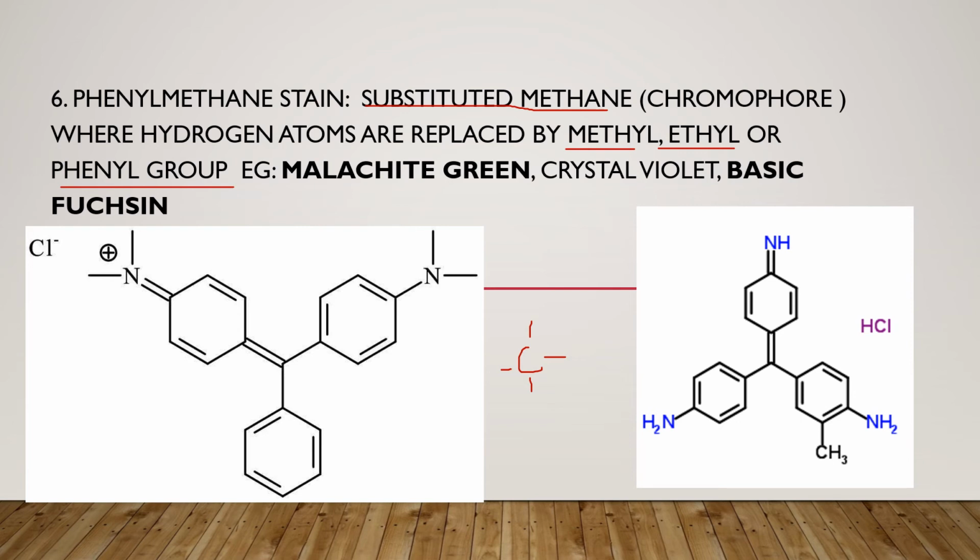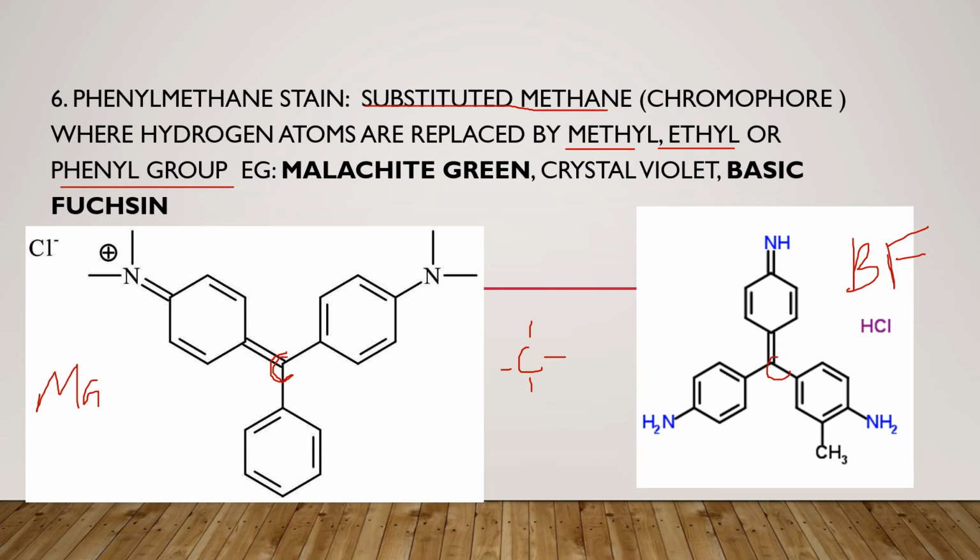For example, here we have malachite green. Okay, this is your malachite green. Now this is your C group, which is replaced by three phenyl groups. So that results in the formation of malachite green. Here again we have C group, which is replaced by another set of phenyl group members, and this is your example of basic fuchsin.